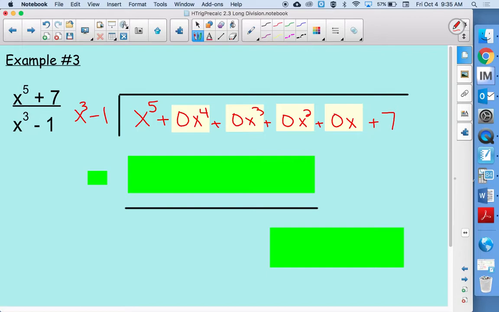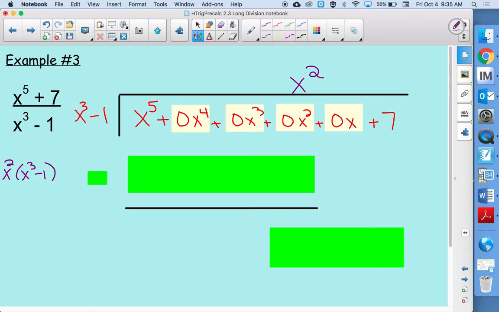Colin, what would you multiply x cubed by to make it x to the fifth? X squared, yeah. So I'm going to go over to where my x squared is. Place the x squared. And then I'll multiply. So we're taking x squared times x cubed minus 1.